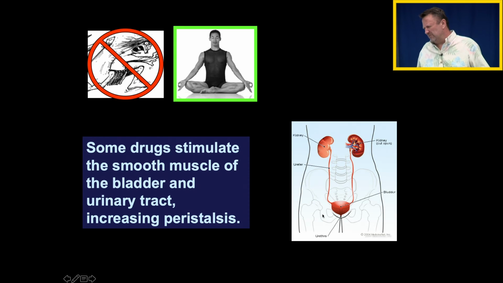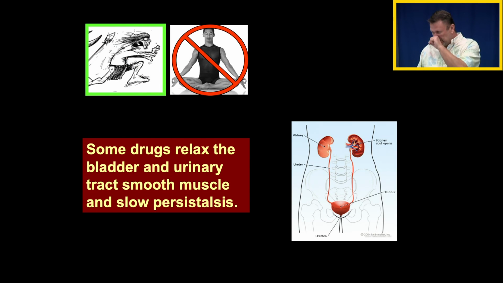Some people, maybe after surgery, have a bladder that has no tone, atony, and we can use medications to stimulate that bladder to have tone. In the opposite situation, maybe they have bladder spasm, and maybe we'll want to use an anticholinergic drug to treat that bladder spasm.